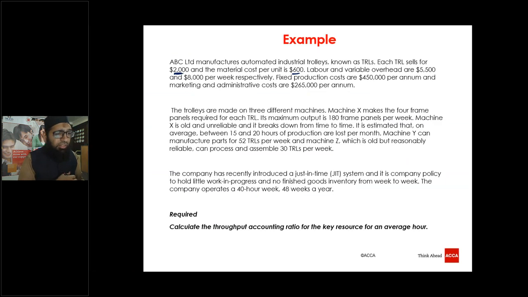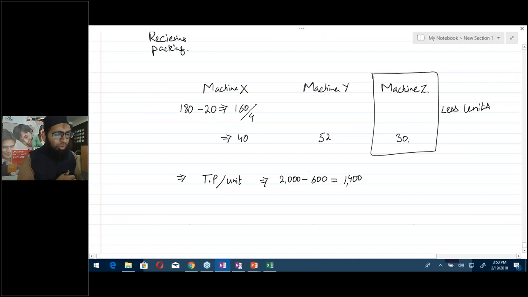Now because the data is in weeks, we want to calculate the throughput per week. Time is in weeks. So we will calculate what would be the throughput in a week. 1,400 is the throughput per unit, and in a week we can produce 30 units.